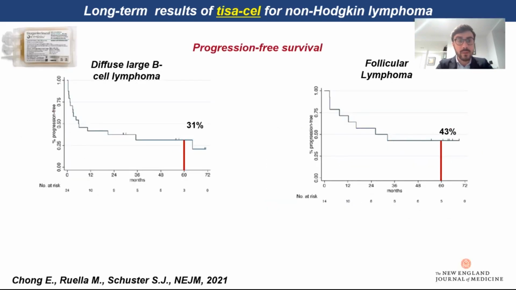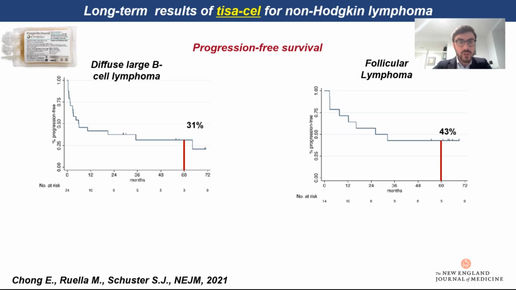Our own group has published similar results, but with tisa-cel, and what we publish here is the 5 years follow-up of progression-free survival in diffuse large B-cell lymphoma. You can see, again, quite excitingly, about 30% of patients can be defined as cured for the LBCL, and again, about 40% for follicular lymphoma are in remission at 5 years.